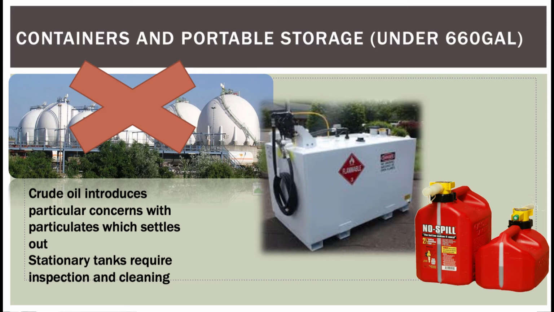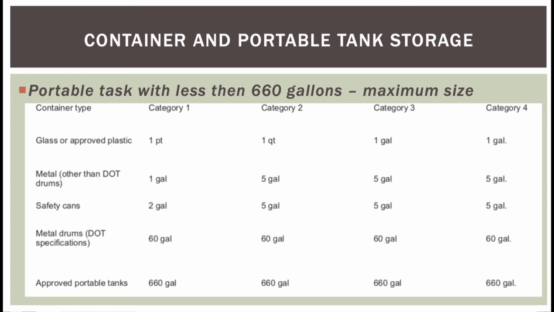So we're going to move on now and talk about storage of flammable liquids in not big storage containers like you see here, so not crude oil, but in containers that are small portable containers. And so by portable containers, that's under 660 gallons. And so there's different rules for 0 to 60 and different rules for 60 to 660, as well as all the different categories together.